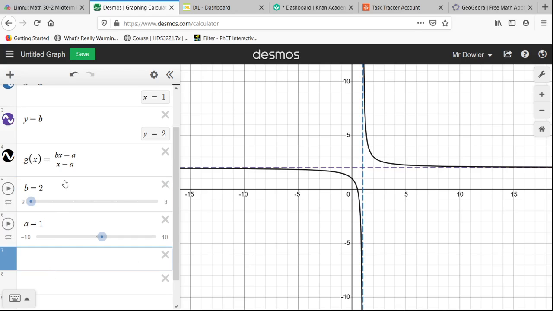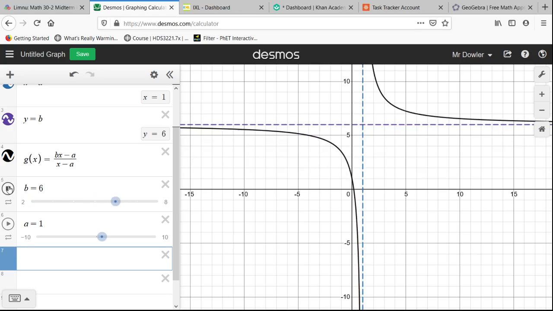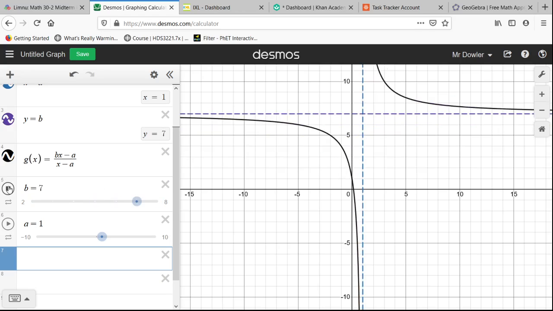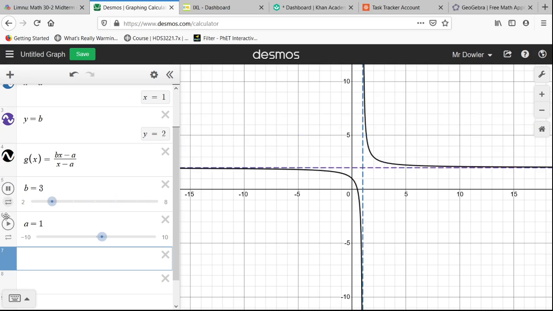Okay. So this has built us a function. This is 2x minus 1 over x minus 1. So our vertical asymptote has moved to 1, and our horizontal asymptote is still at 2.